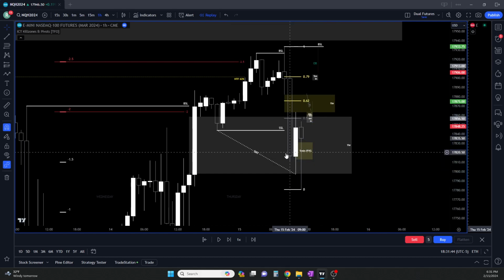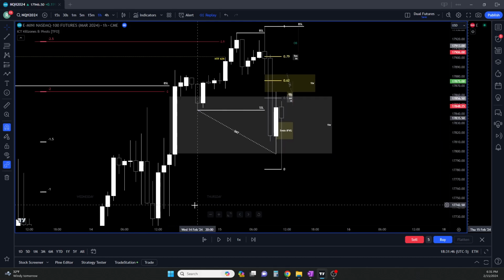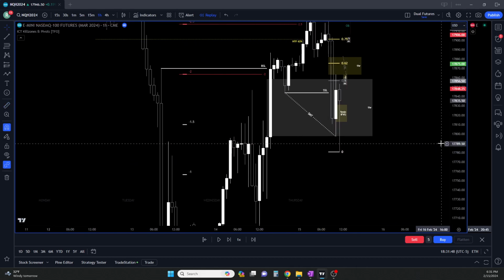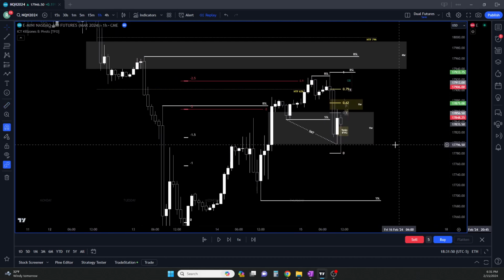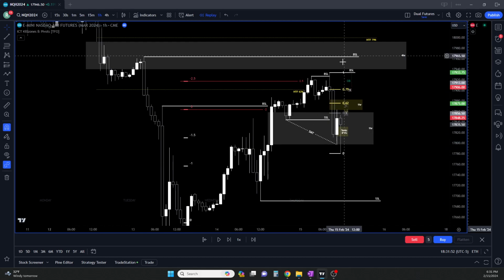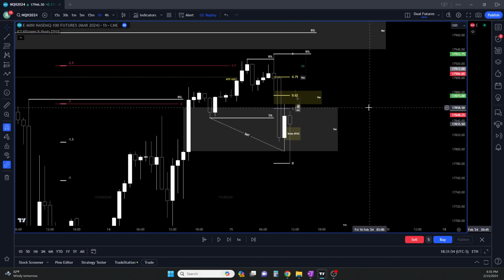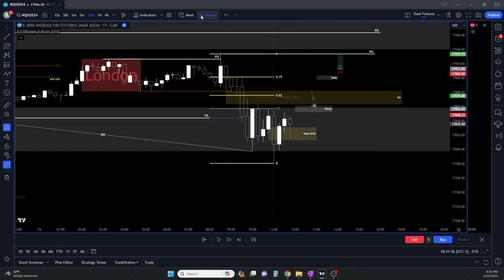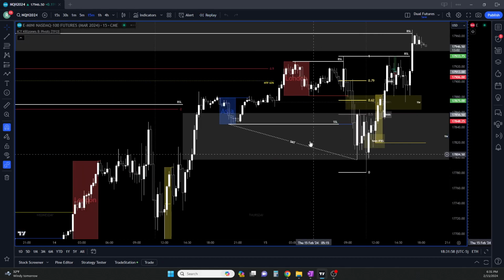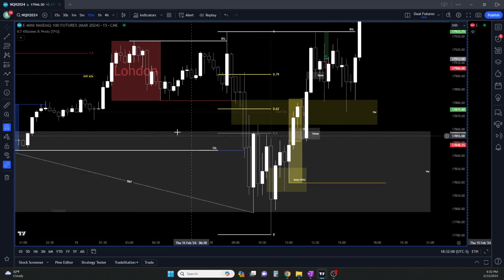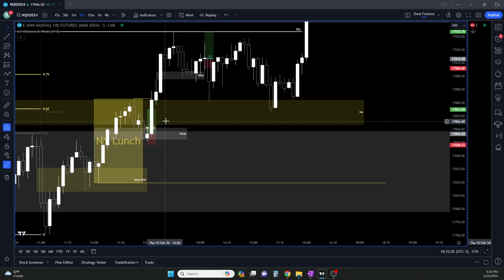But I was being very careful because we also came to discount of this range, and it's looking like a buy model on a 4 hour, so I was just being careful. But anyway, zooming back in a bit, looking at the 5.